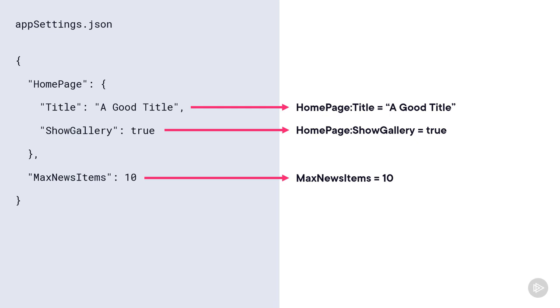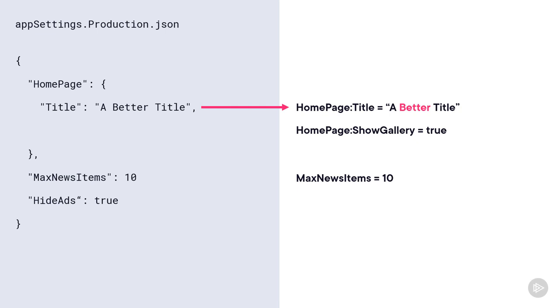With the app-settings.json file loaded, next the environment-specific app settings file is added if one is found. Here we have an app settings file which contains the configuration for the production environment. The JSON contains an element for the home page title, so this is applied first.